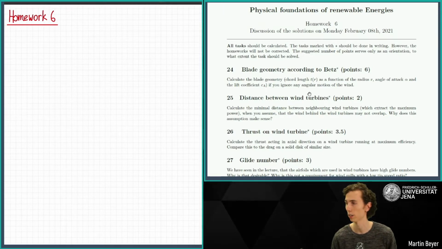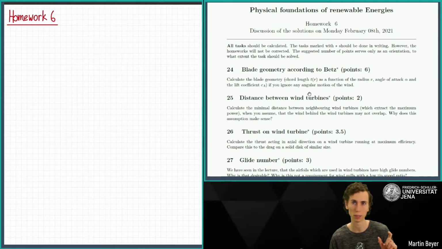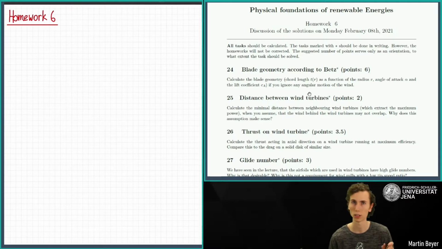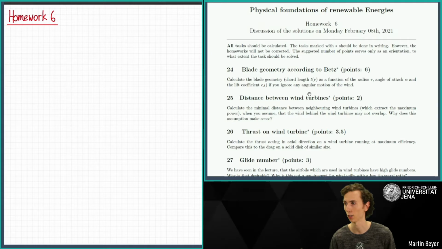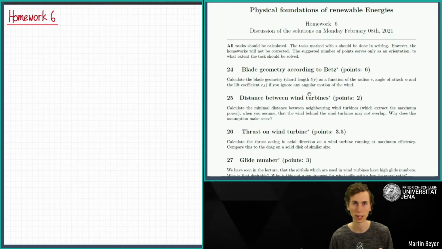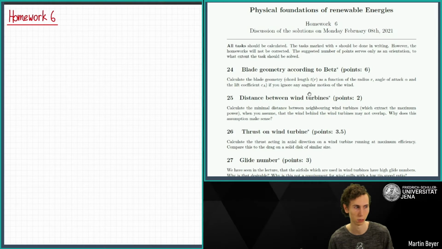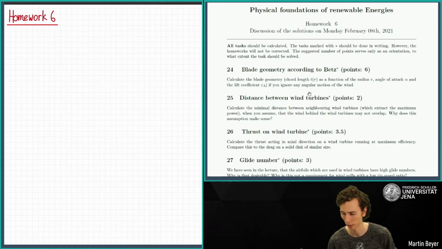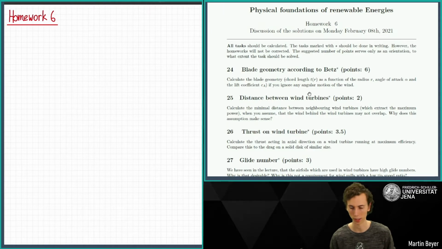I misprinted here the angle of attack, but I really meant the inflow angle, because they're not the same actually, and also using the lift coefficient. I hope this doesn't confuse you too much, because the angle of attack and alpha that we will use here are slightly different quantities, but I hope you noticed that.